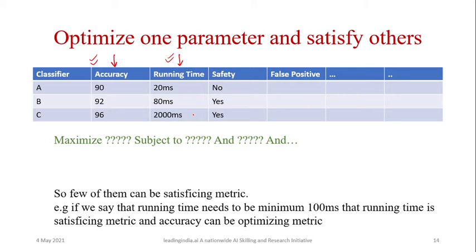But within that running time, I want to maximize or optimize accuracy. So from domain to domain, the satisfying metric and the optimizing metric are different.